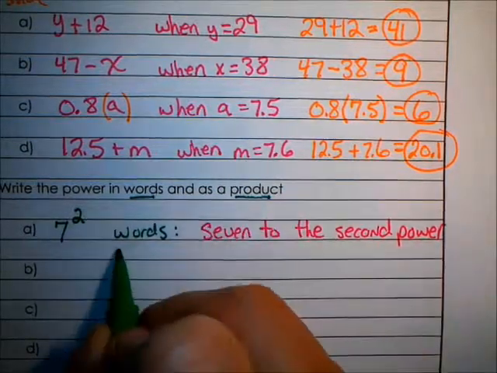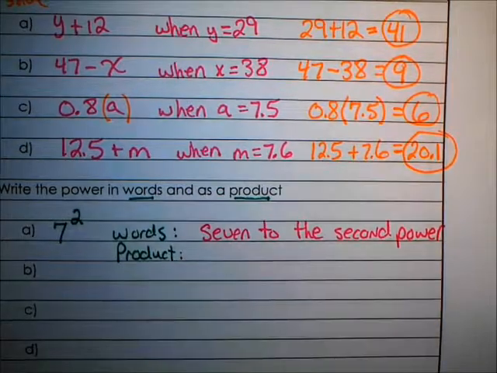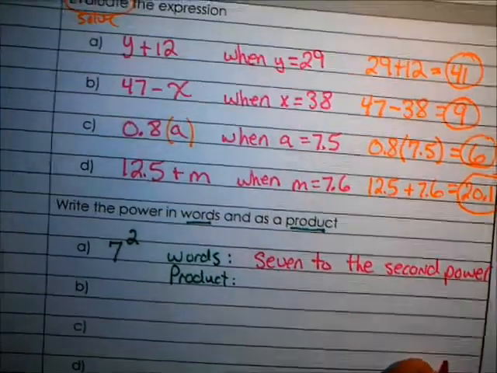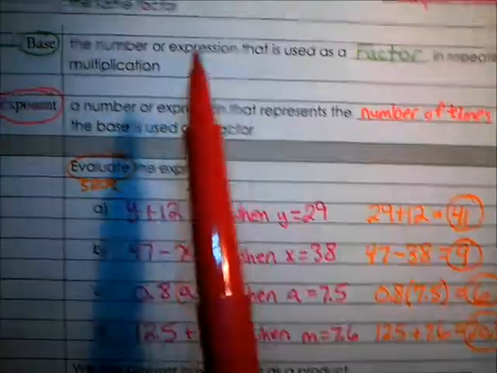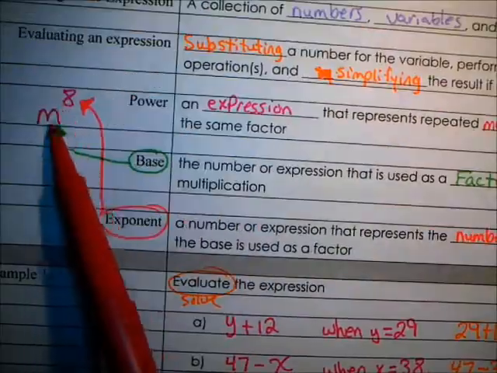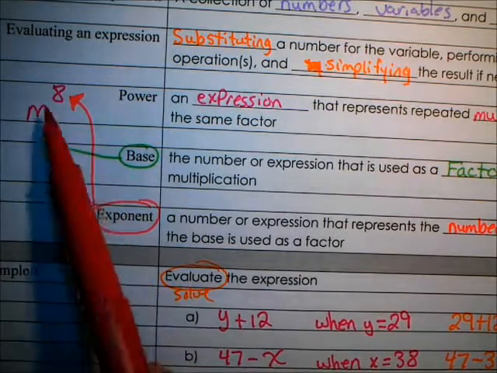The product means that I'm just going to show it stretched out the way it looks. Now remember, up here a power was the combination of the 2 items, the base and the exponent.